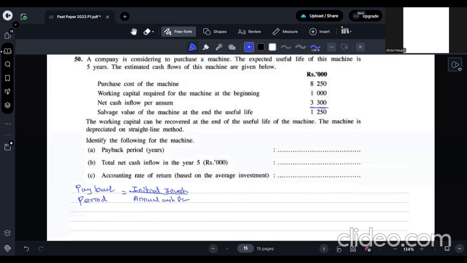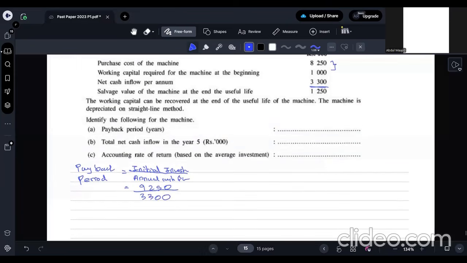Initial investment will be equal to the purchase price plus the working capital requirement at the beginning. So that will be 9,250,000 initial investment divided by annual cash flow 3,300,000. Then the payback period, 9,250 divided by 3,300, you will get 2.8 years.